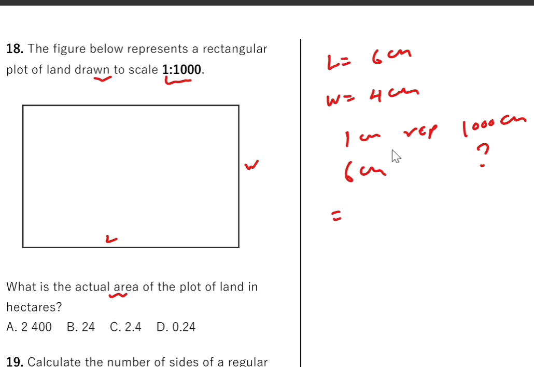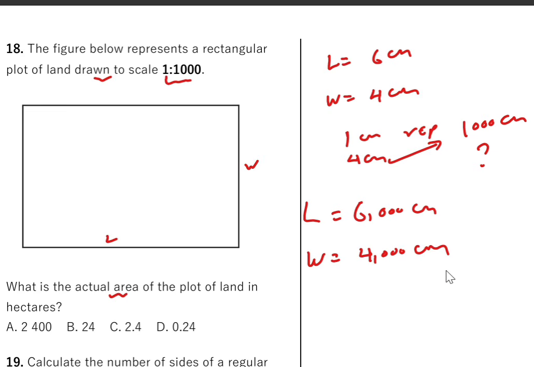You can see clearly it is 6 times 1,000, it is 6,000 centimeters on the ground. So 6,000 centimeters, that is the length. What about the width? I'm also going to convert. What about 4 centimeters? You just multiply 4 times 1,000. You can see the width will be 4 times 1,000, you get 4,000 centimeters.